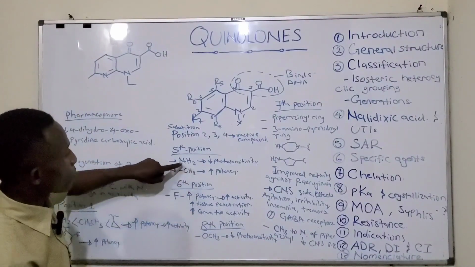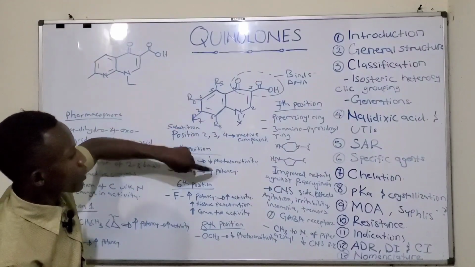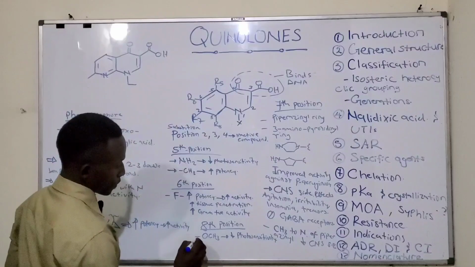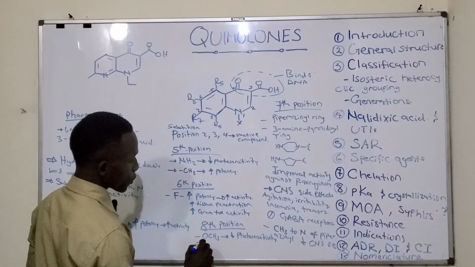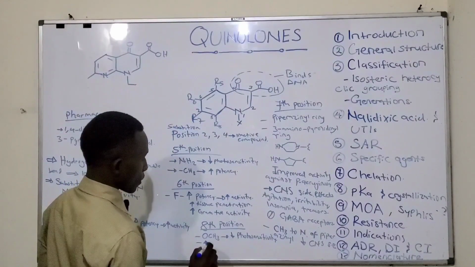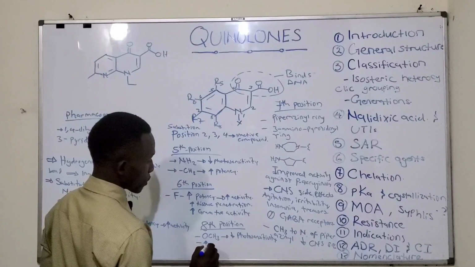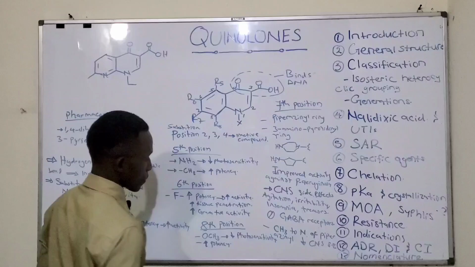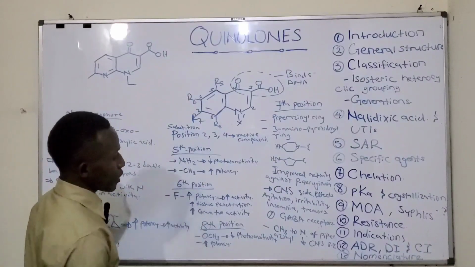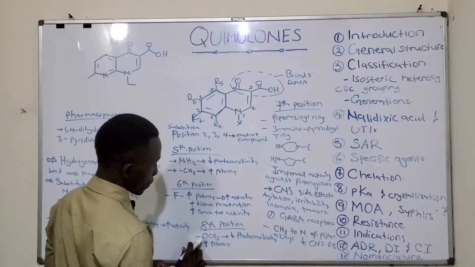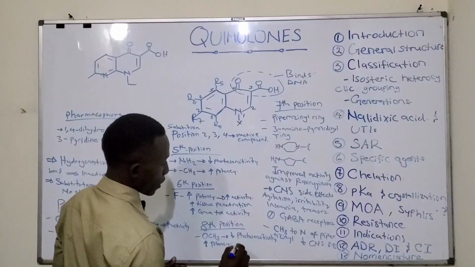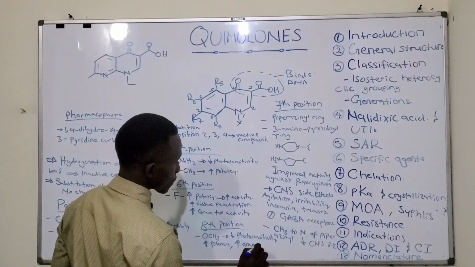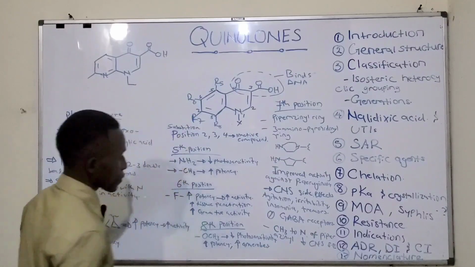We saw also that the amino group at position 5 reduces the photosensitivity side effect. This group also improves the tissue penetration, so it improves the potency. This very group also improves the activity against anaerobes.